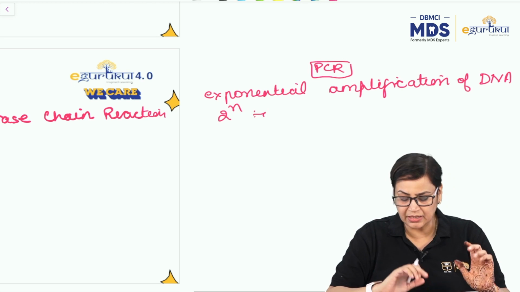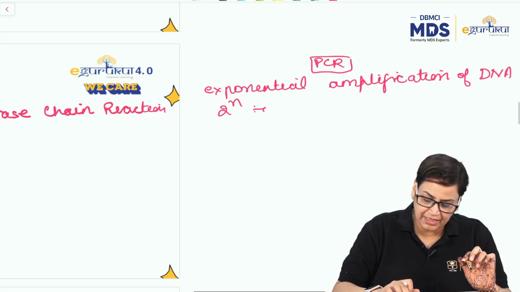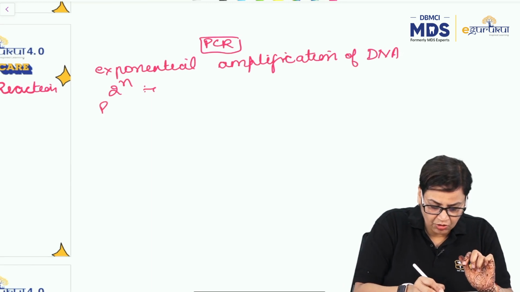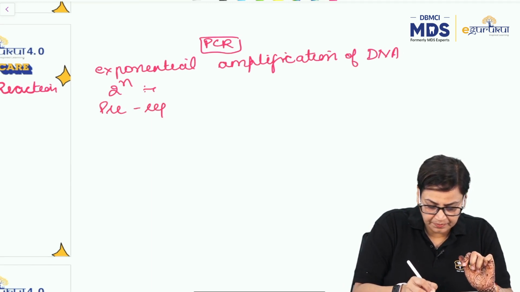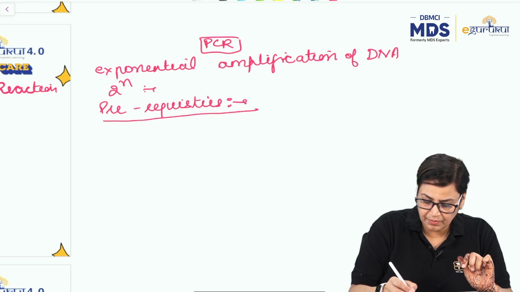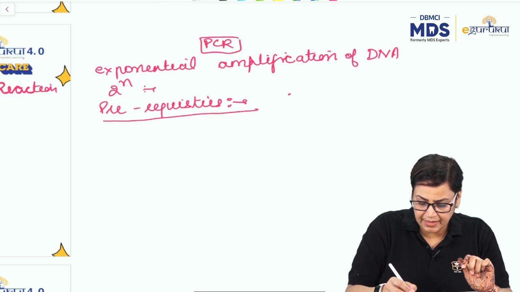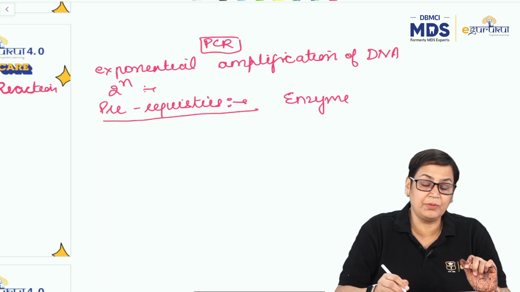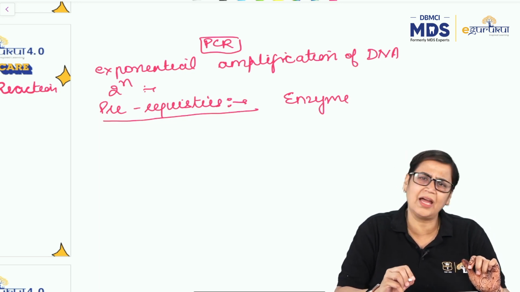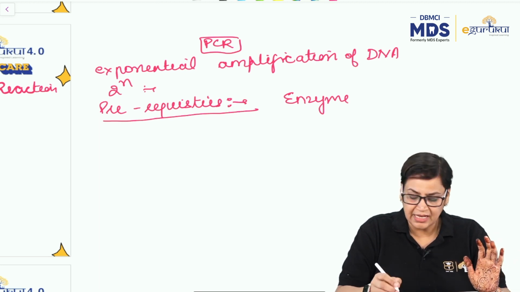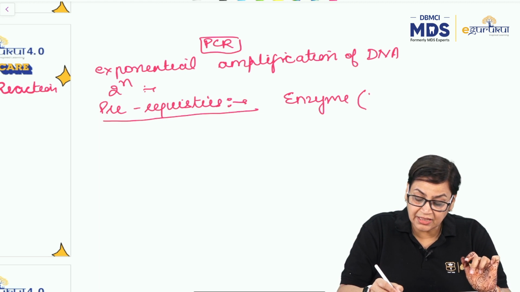Now, what are the prerequisites of PCR? It always requires an enzyme which is thermostable, because PCR always runs at a very high temperature. The temperature is like 80 to 100 degrees.